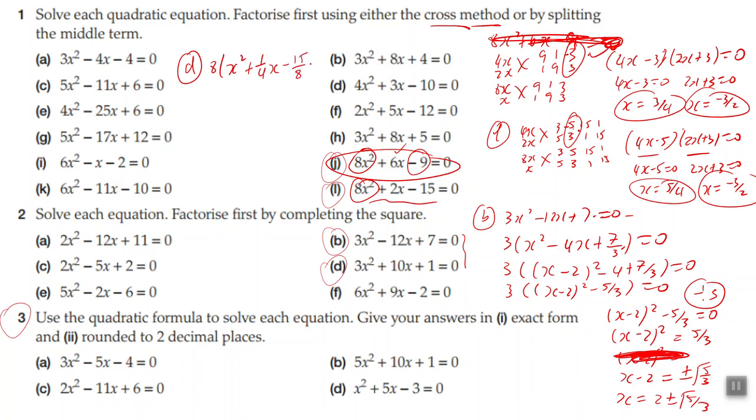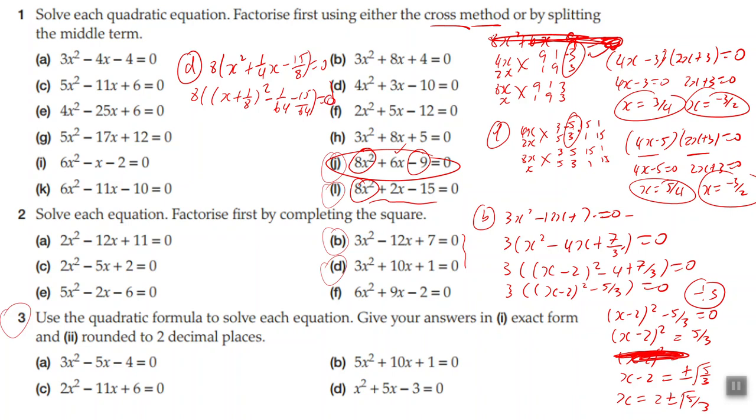So we have to do the scaffold. So x plus, half of a quarter is an eighth, minus 1 on 8 squared, which is 1 on 64, minus 15 on 64 equals 0.